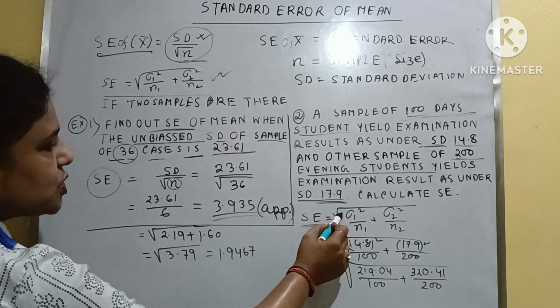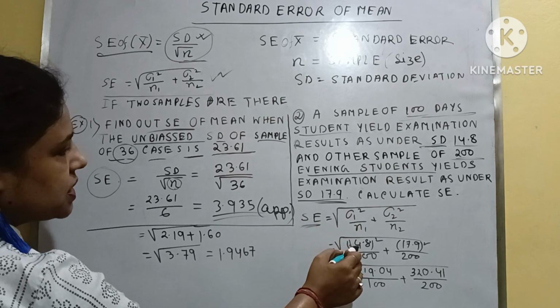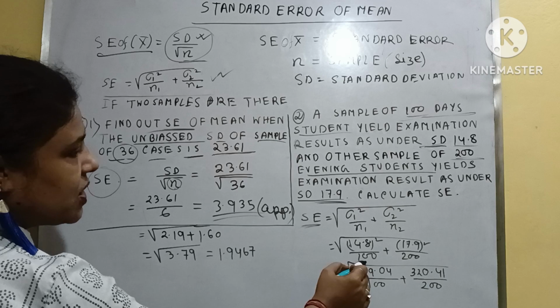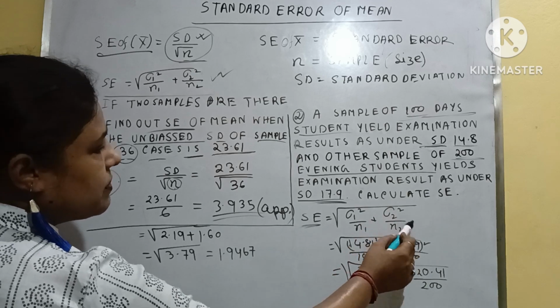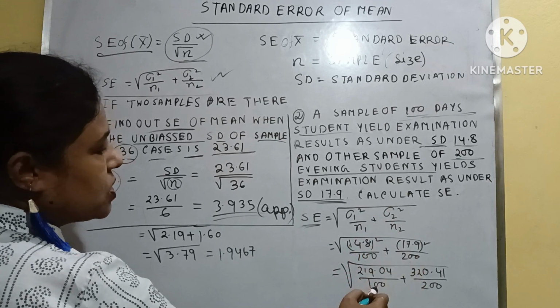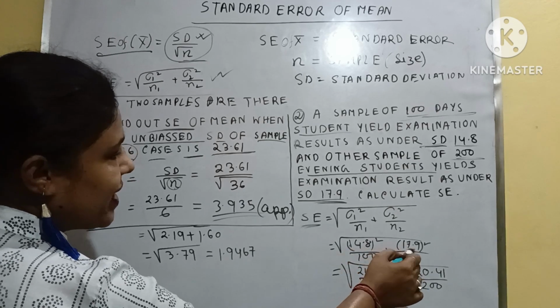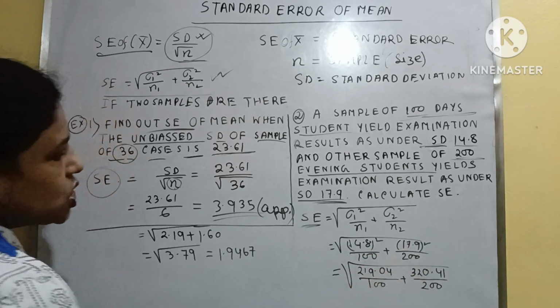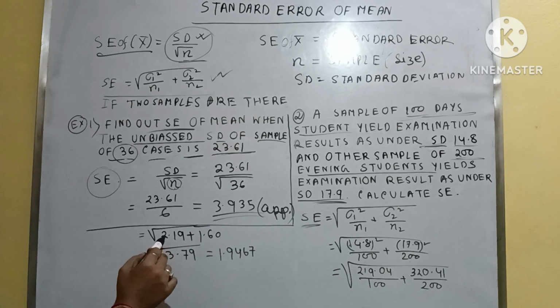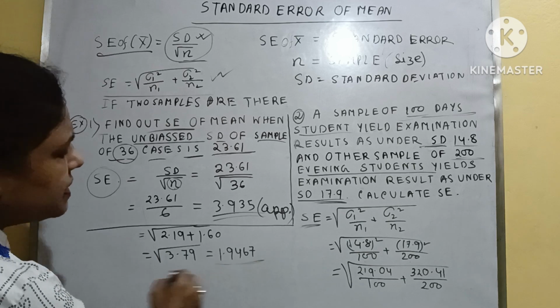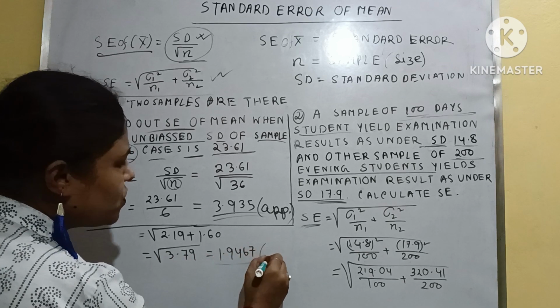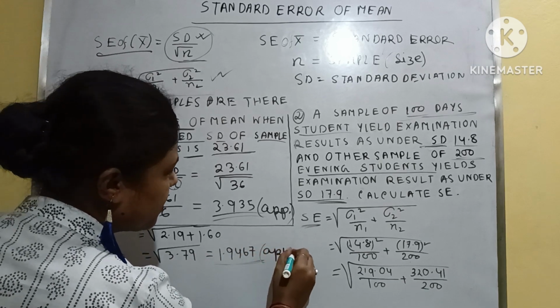So here I put the first standard deviation divided by N1 and the second standard deviation by N2. By squaring this one and squaring this one, we will get this. So after that we will get this one, and this is the actual value of the standard error. Clear?